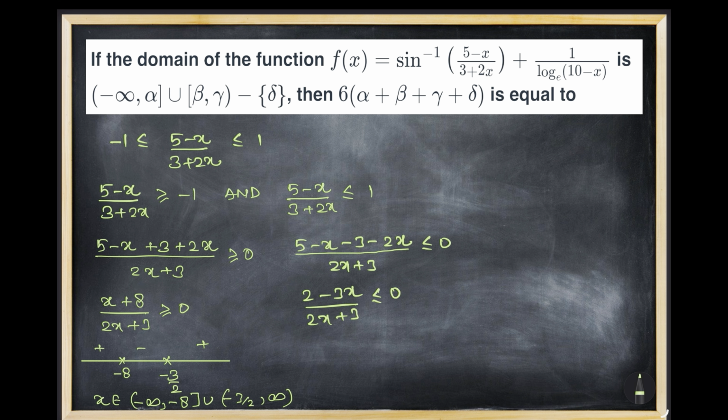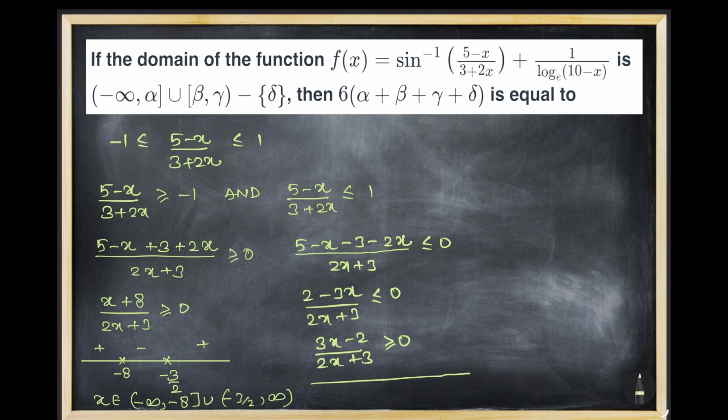You know that the leading coefficient should be positive, but here it is negative. So I will multiply by minus 1. You also know that if you multiply by a negative number, the sign of the inequality changes. Let's simplify: (3x minus 2) upon (2x plus 3) greater than or equal to 0.